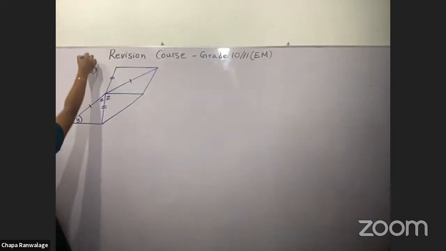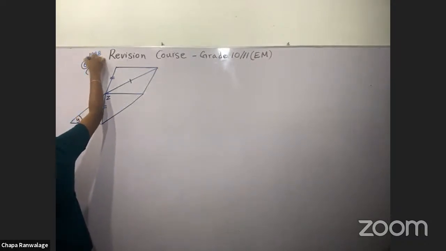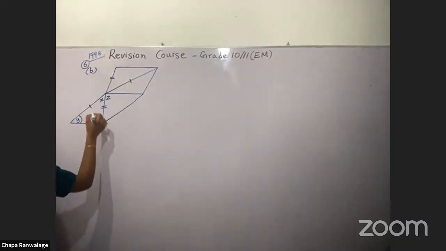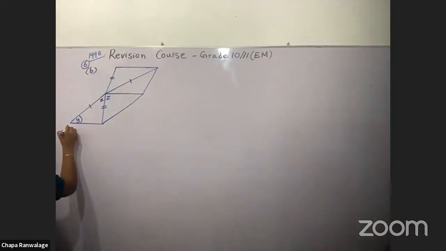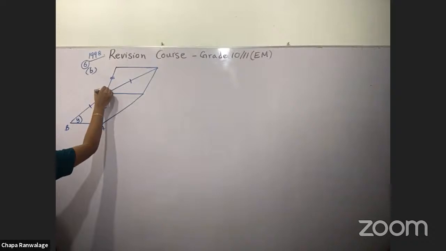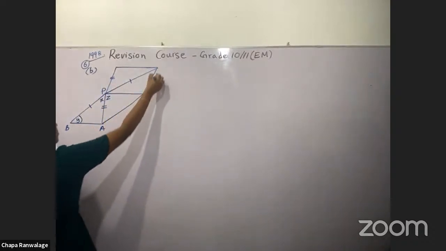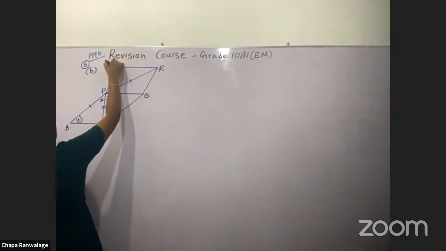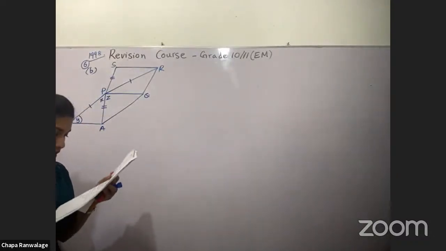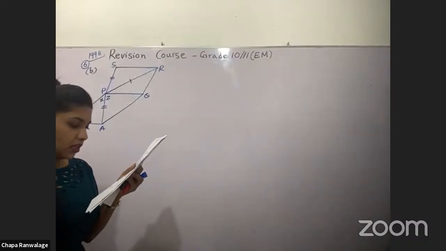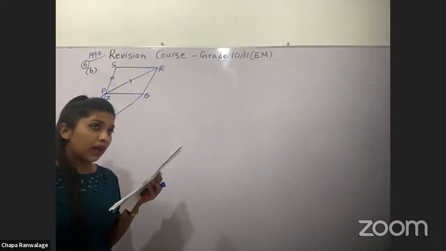This is 1998. Okay. Now, in the given figure, PQRS and PQAB are parallelograms.